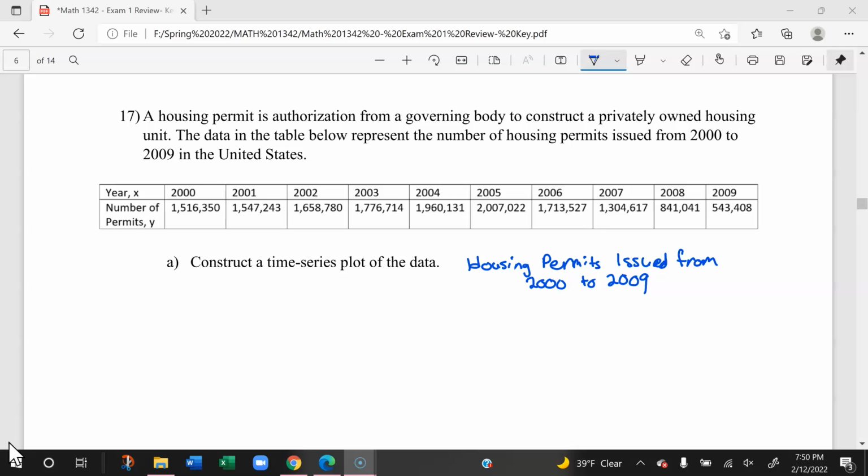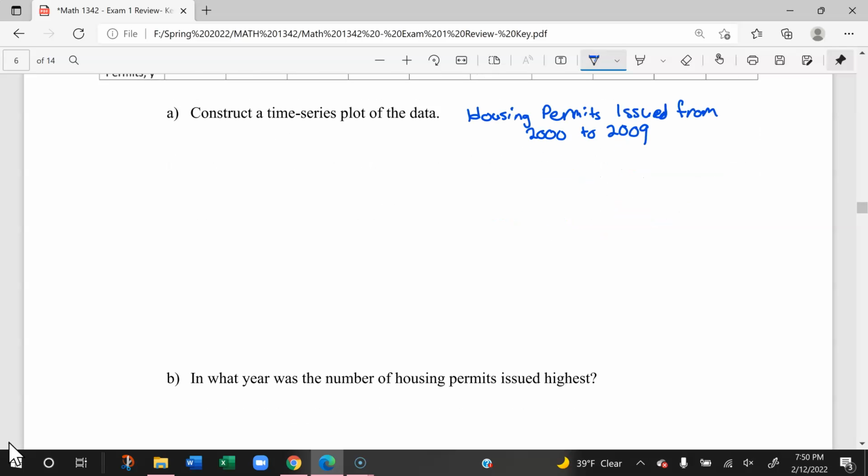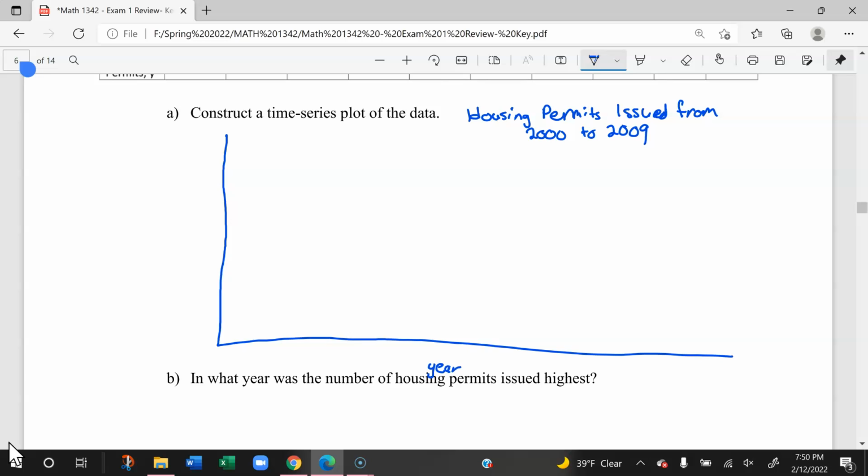So we're going to make this a line graph. I'm going to say, here are our years. I'm going to say 2000.